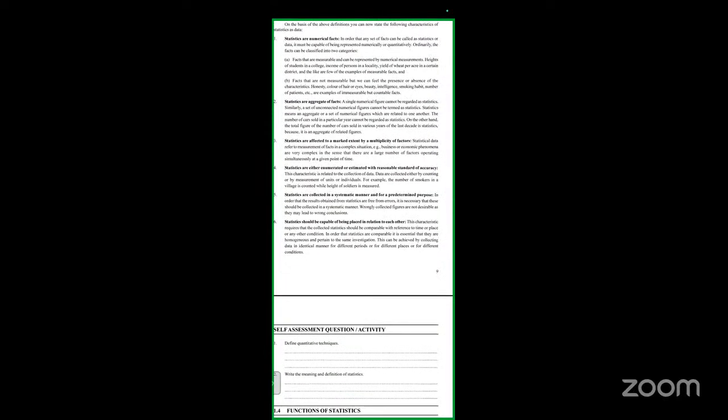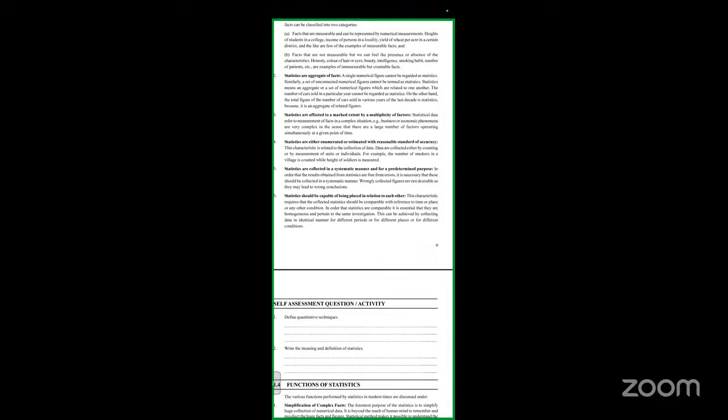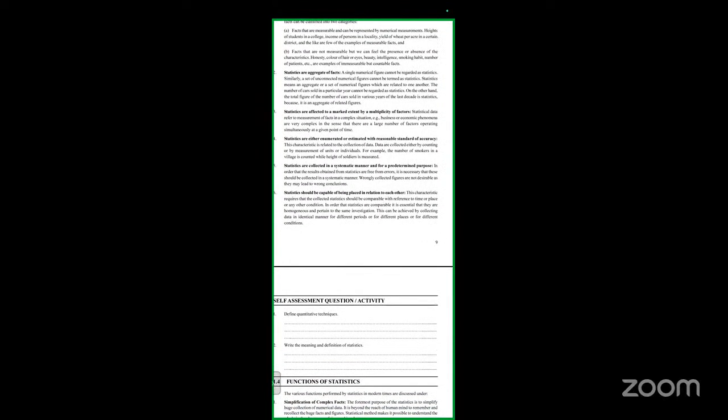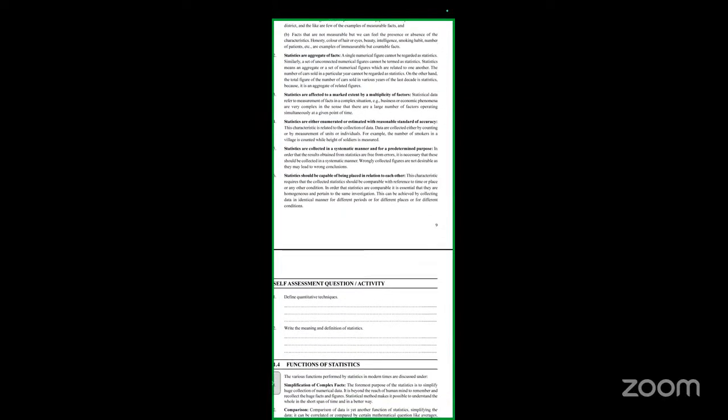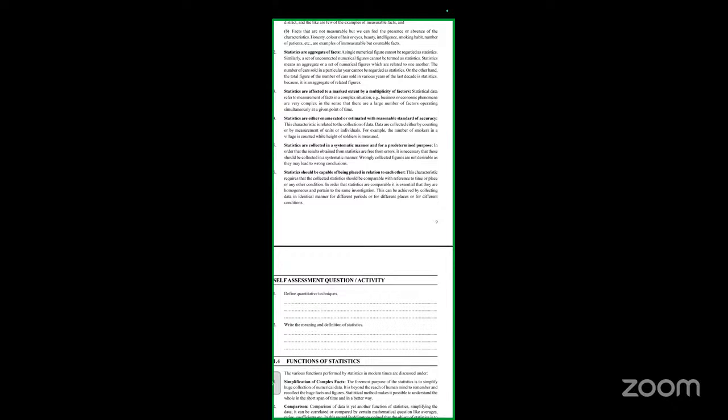Statistics are affected to a marked extent by multiple factors. Statistics are either enumerated or estimated with reasonable standard of accuracy. Statistics are collected in a systematic manner and for a predetermined purpose.